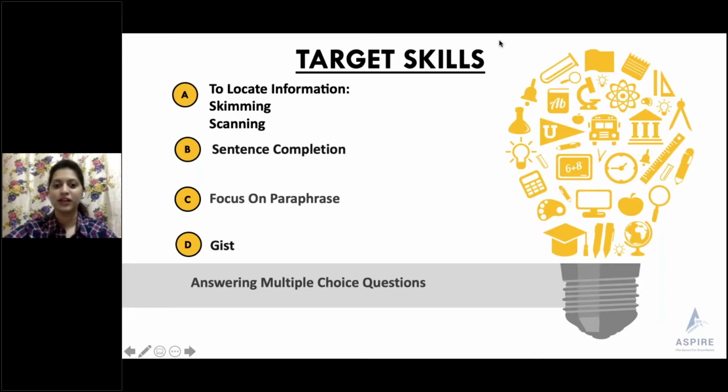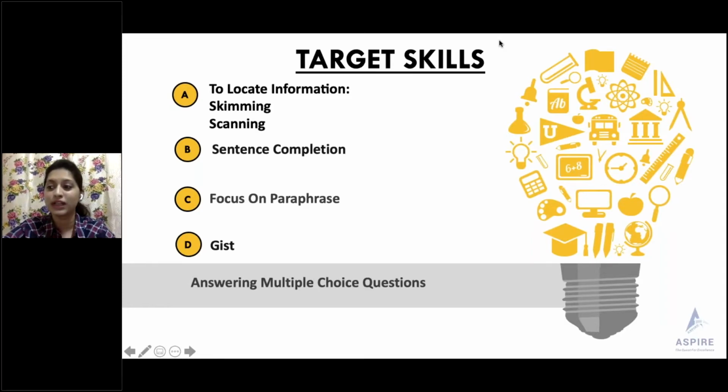To locate the information, as I mentioned, skimming and scanning. This is even more useful in the reading subtest because this is where you full-fledged put it to use. Part A usually focuses on reading quickly and efficiently. So skimming. When you skim read, your eye just needs to move over the surface of the text very quickly in order to just understand the meaning without looking at every word.